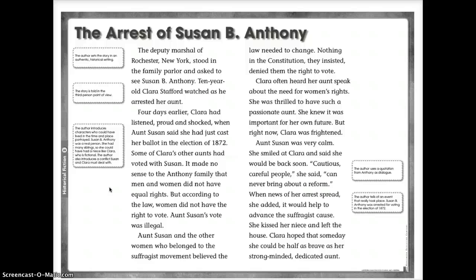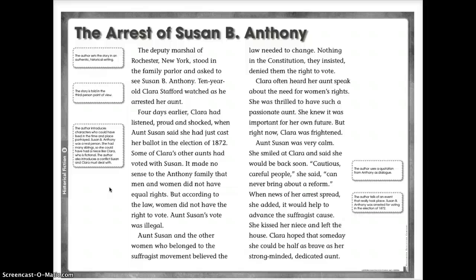Aunt Susan and the other women who belonged to the suffragette movement believed the law needed to change. Nothing in the Constitution, they insisted, denied them the right to vote. Clara often heard her aunt speak about the need for women's rights. She was thrilled to have such a passionate aunt. She knew it was important for her own future, but right now, Clara was frightened.